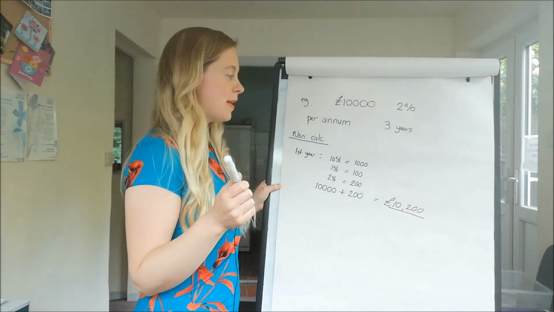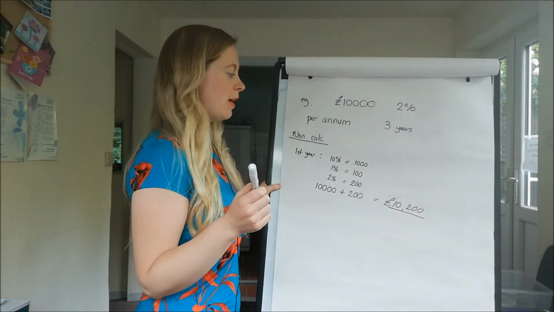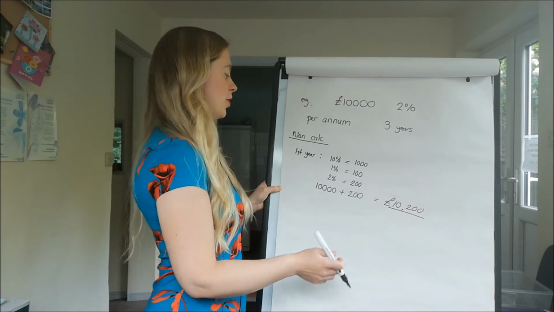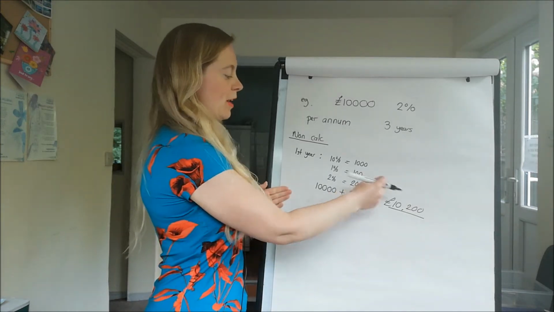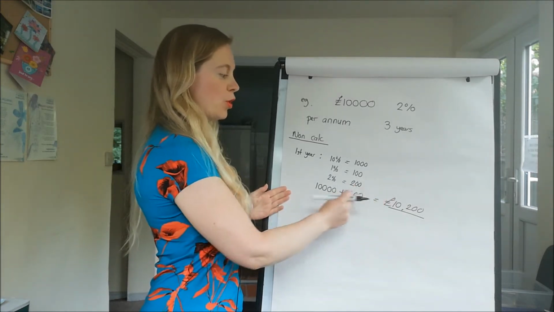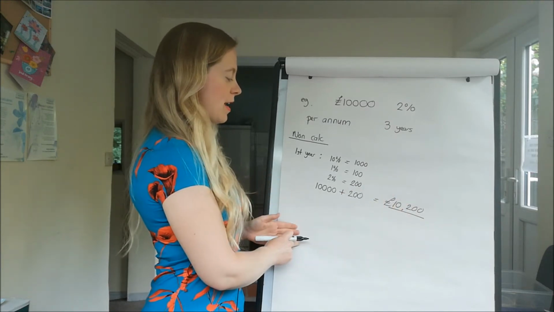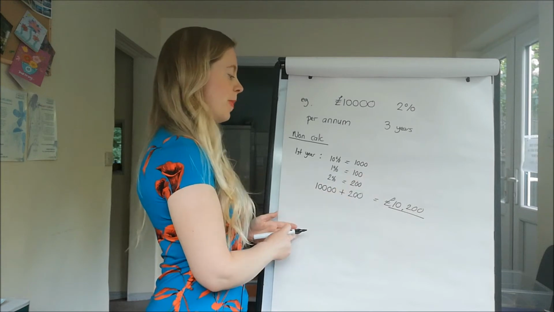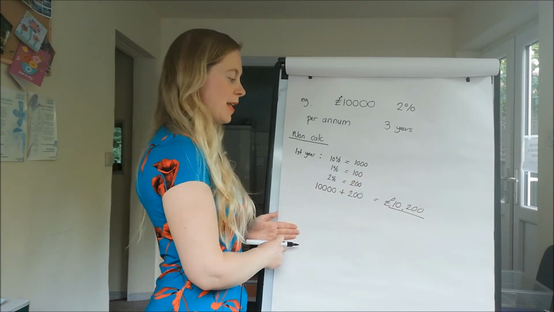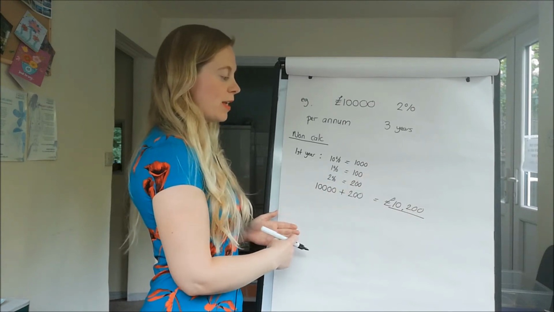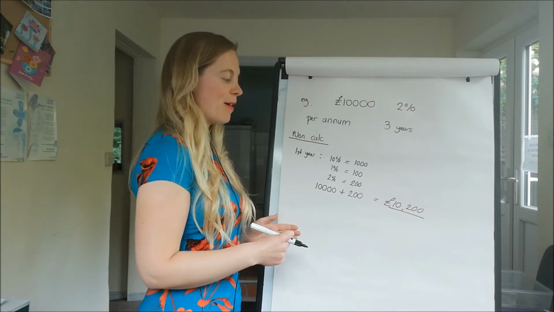The common mistake that people tend to make is they then say, right, well, after 2 years, you must add an extra £200 on again, which would give me £10,400. And at the end of 3 years, you'd need to add another £200 on, which would be £10,600. So after 3 years, you'd have £10,600.